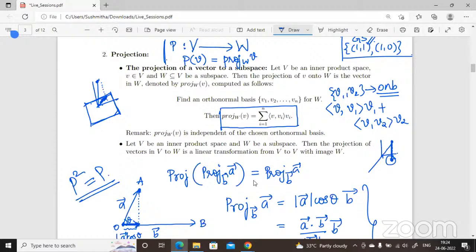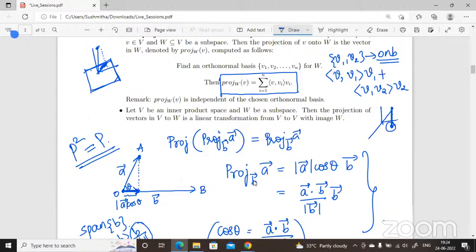Yes, ma'am. I have a question. A vector can be projected onto a single vector, that means a one-dimensional space. And it can also be projected onto a two-dimensional vector space, that is like a plane.